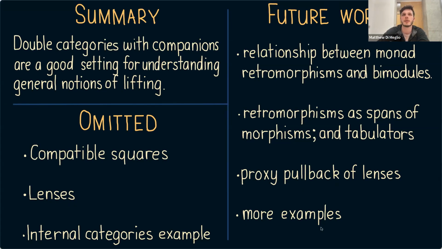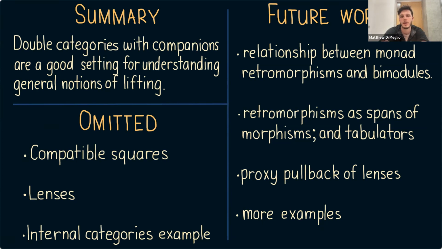And obviously, I think it would be cool to find even more examples of double categories, which when you apply this construction yield familiar notions. In this case, we got the familiar notion of topological space, open map, continuous map. We got the familiar notion of categories, functors, cofunctors.